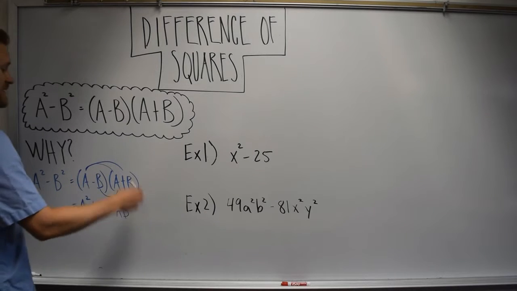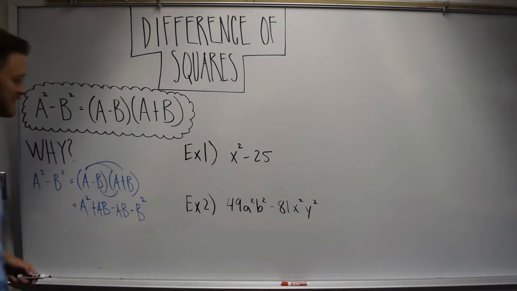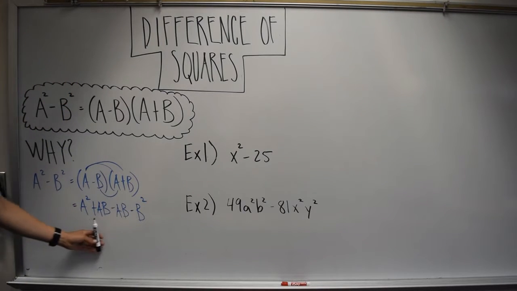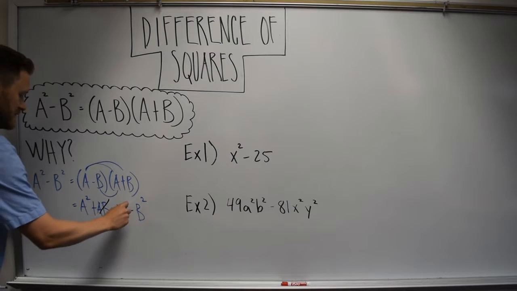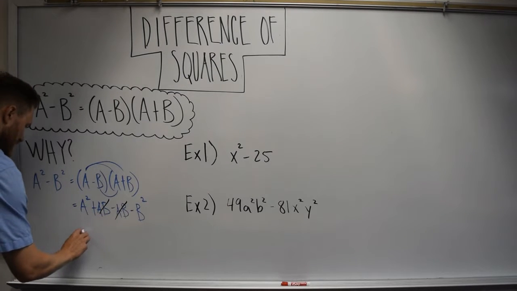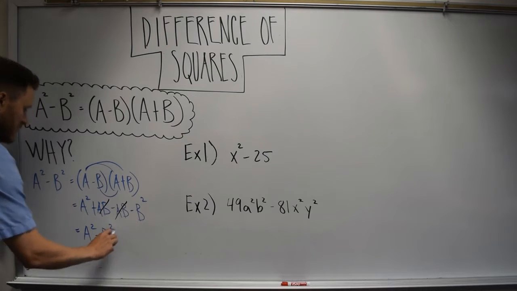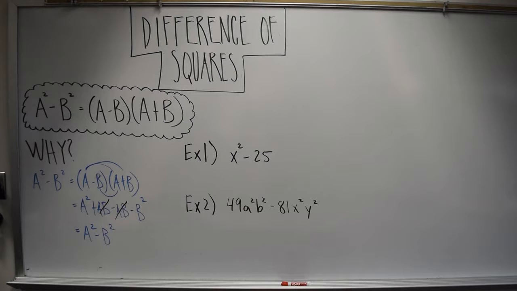And then negative b times b gives me negative b squared. What you will notice is that we have a positive ab and a negative ab. Those add up to 0, so we can get rid of those, and we are left with a squared minus b squared. So the formula does in fact work.